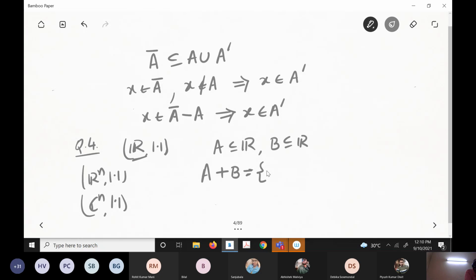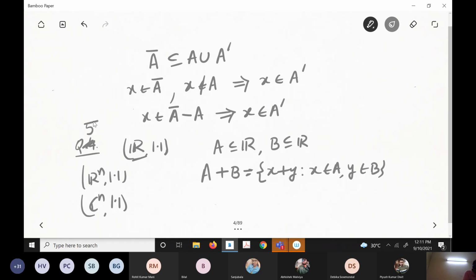It makes sense actually in any linear space. I'm saying that this is question 5, sorry, 5. 4 is different.